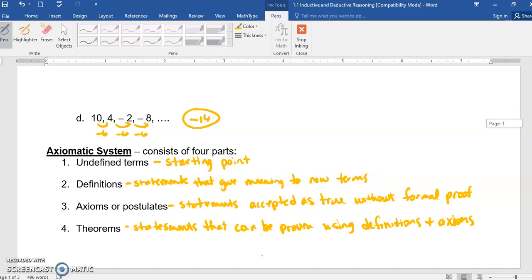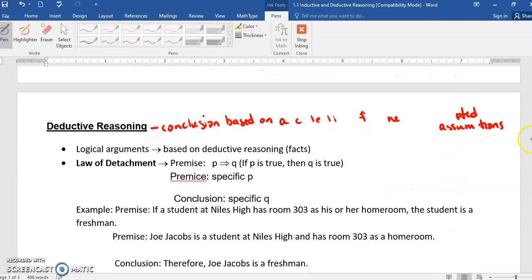Okay, so deductive reasoning, then, is a conclusion that's based on a collection of generally accepted assumptions. So there's a couple of different types. You talk about logical arguments here. Is it okay to make this conclusion based on what we know? So there's two different types.